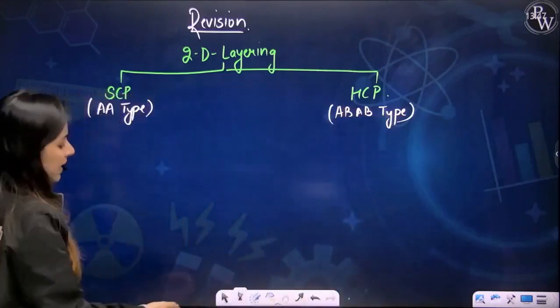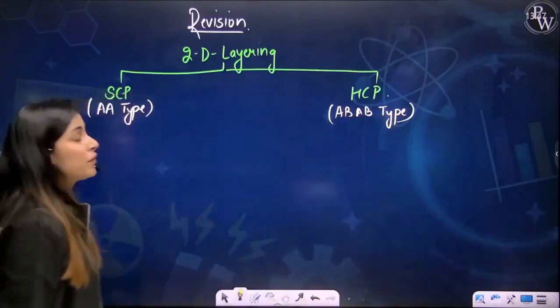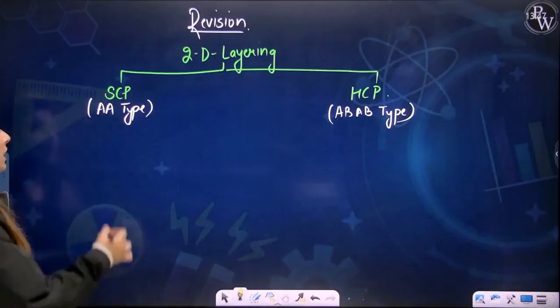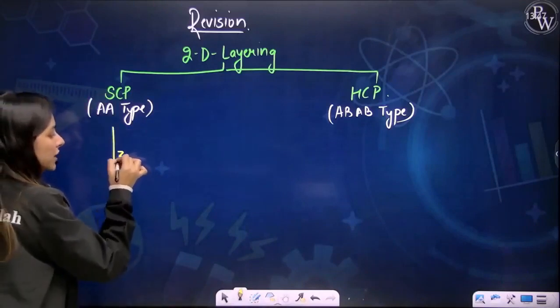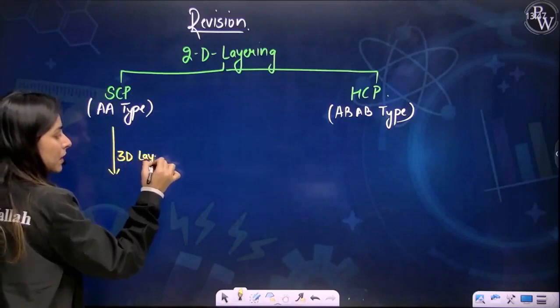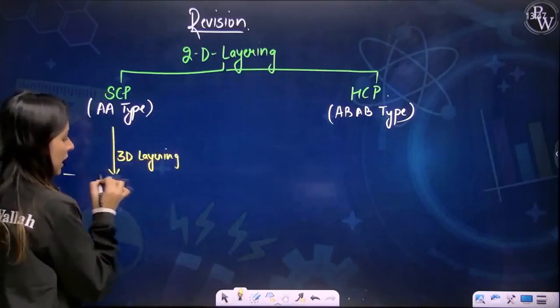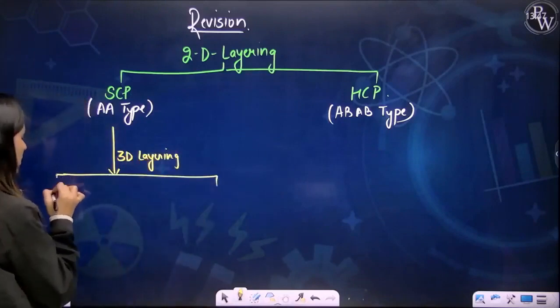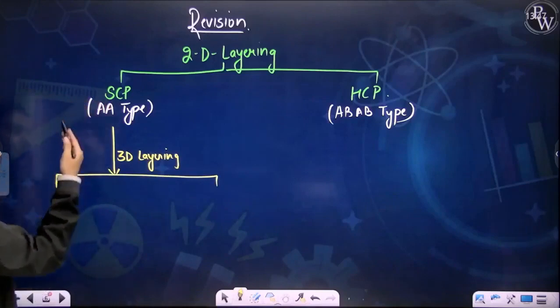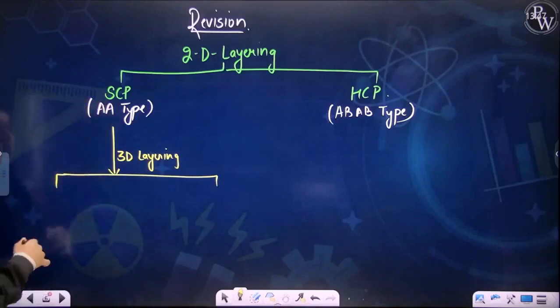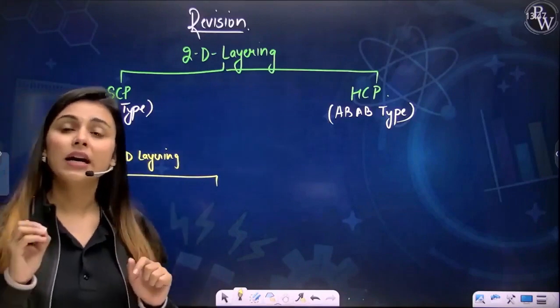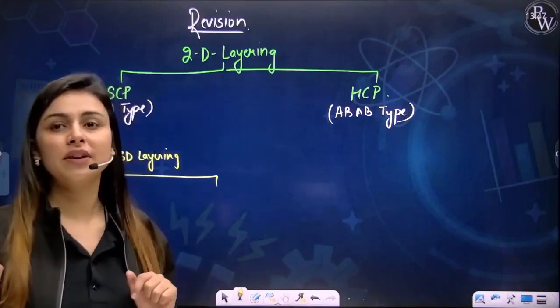Right? Yes. Then from here, we moved forward to the three-dimensional layering. And this could have two possibilities. The one possibility was if you incorporate AA type of layering again as your AA type of layering only.